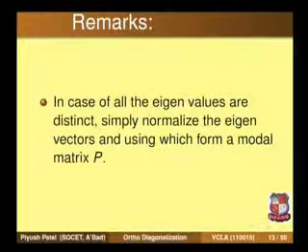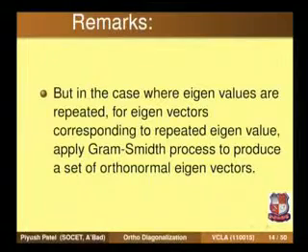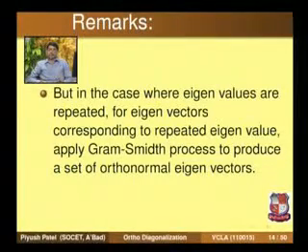Let us make some remarks. If all the eigenvalues are distinct, then we simply need to normalize the eigenvectors, and these normalized vectors are mutually orthonormal, and hence we form the modal matrix P. So when the eigenvalues are distinct, it is easy, but when eigenvalues are repeated, for the repeated eigenvalue we find a basis for the eigenspace. If an eigenvalue is repeated 2 times, then we get exactly 2 members in the basis.